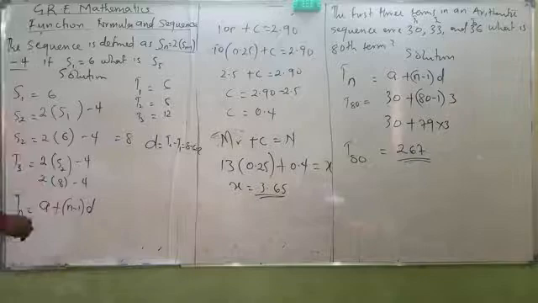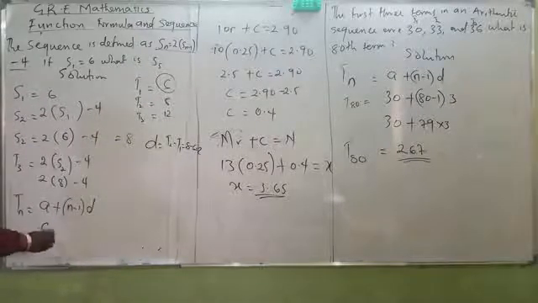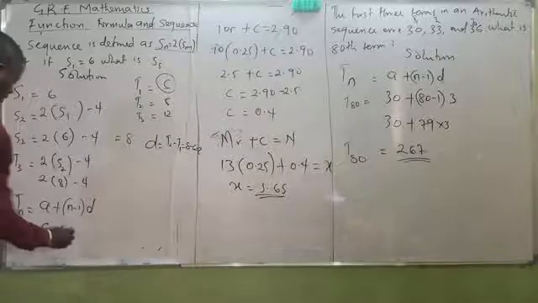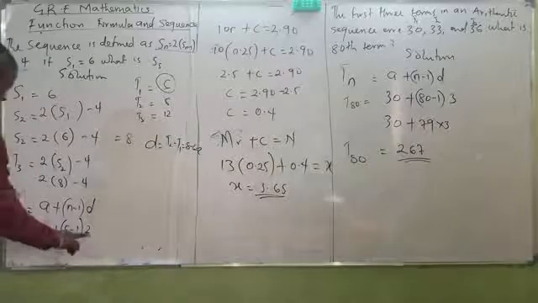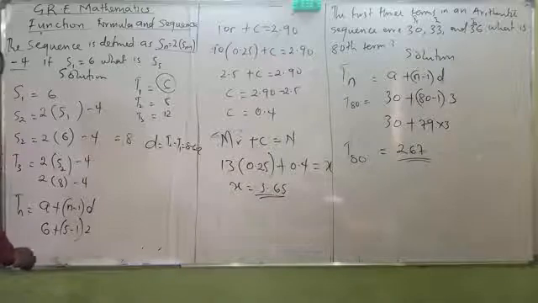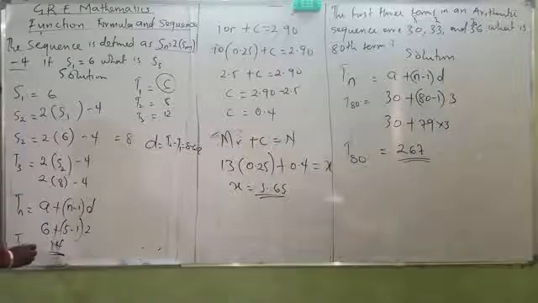Now, it means my first term is a, which is going to be 6 plus my 5 minus 1, bracket of 2, which is going to be 4. 4 times 2, 8. 8 plus 6, that will be 14. Can you see? 14. It means my T5 is equal to 14.